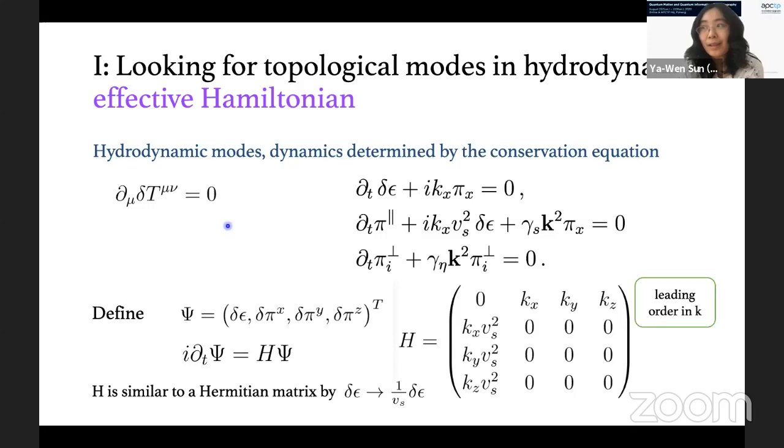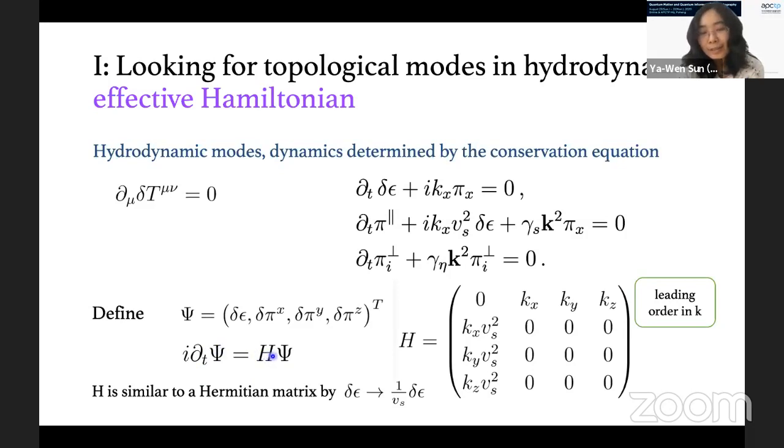Making use of these constitutive equations, we can express the components of this delta T mu nu using these four variables. And we can define a vector, which is the combination of these four components. When we define a vector like this, this conservation equation of motion can be written in this form. So this is a vector equation of motion.